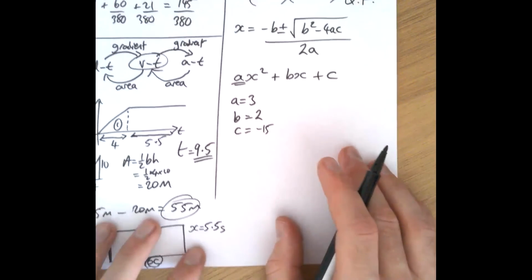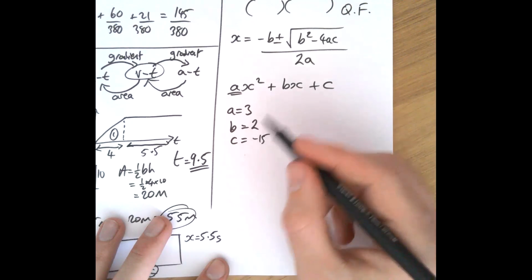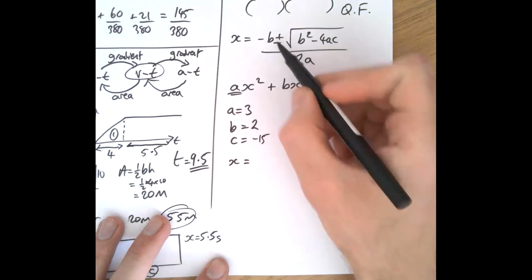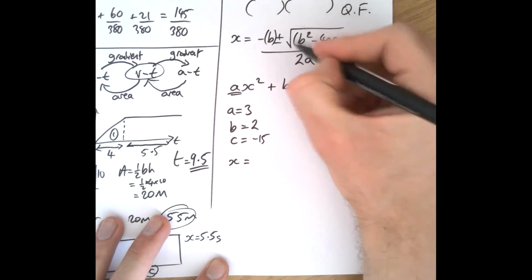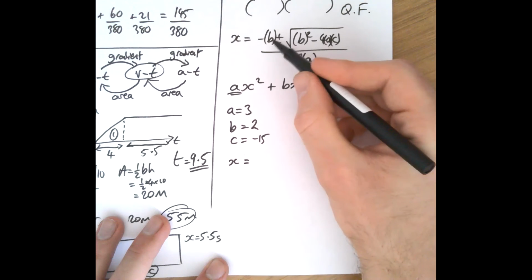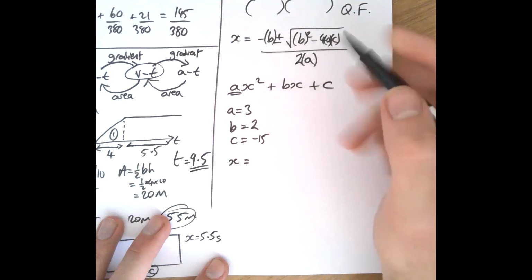Now what you can do, if you've got a good calculator, it's okay actually, right? All we're going to do is substitute these values into this formula. Now the trick is, wherever you've got a letter, put brackets around it when you put it into your calculator, and then instead of that letter, for example b here, just put in whatever b is. So let me show you what I mean.